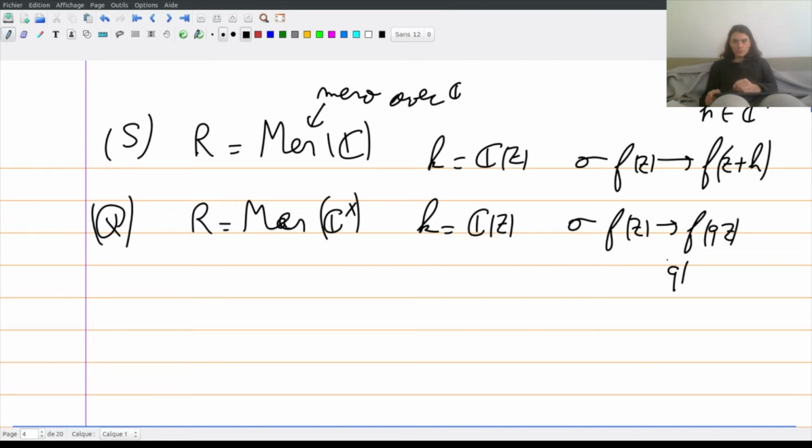And q is an element of C star which is not of modulus 1. So here C is replaced by C star because 0 is fixed by the automorphism, so you need to withdraw it.